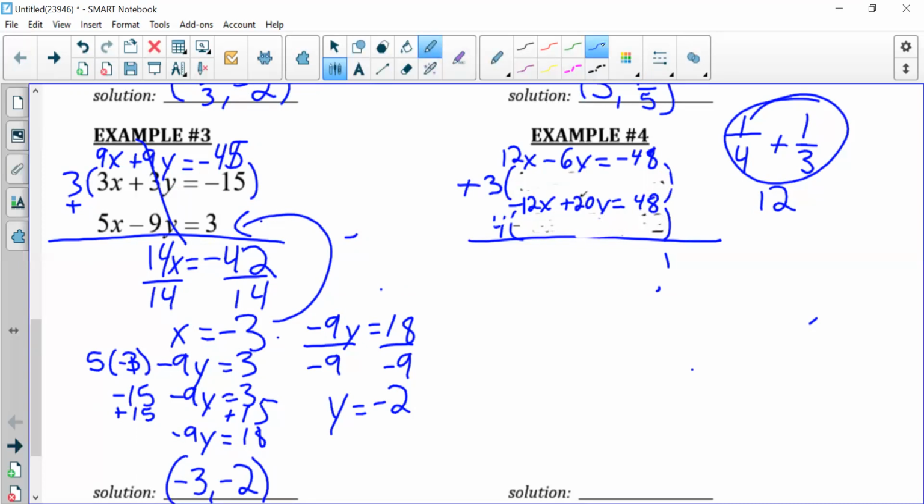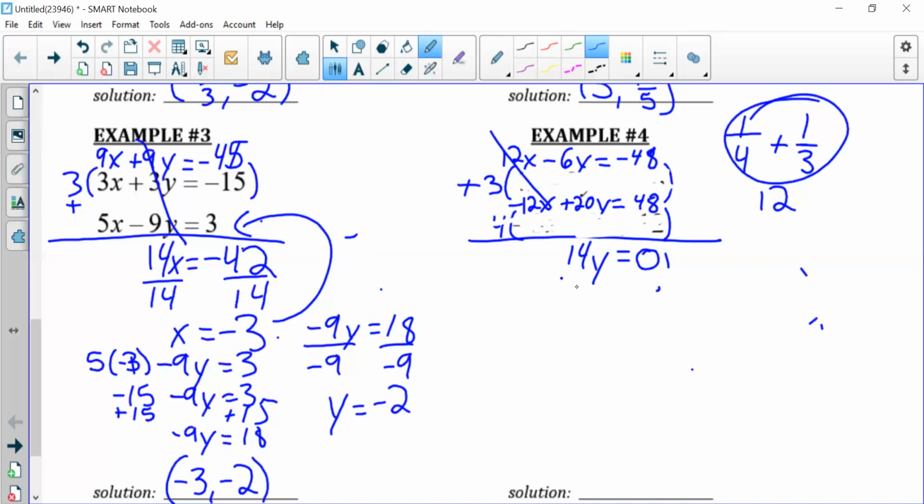So adding these together, starting at the right, negative 48 plus 48, well, that's 0. That's a first. Negative 6y plus 20y, well, that is 14y. 12x plus negative 12x, those cancel each other out, so we have no x's. So I now have 14y equals 0.